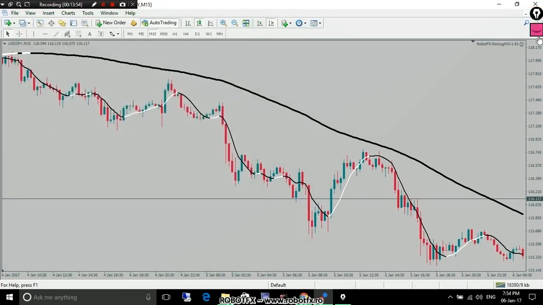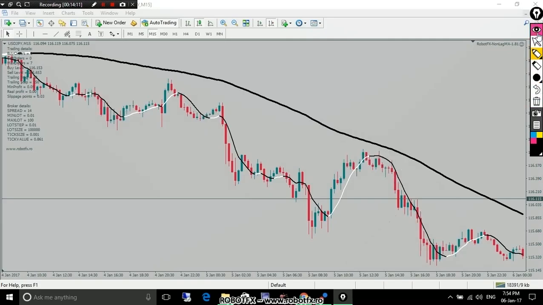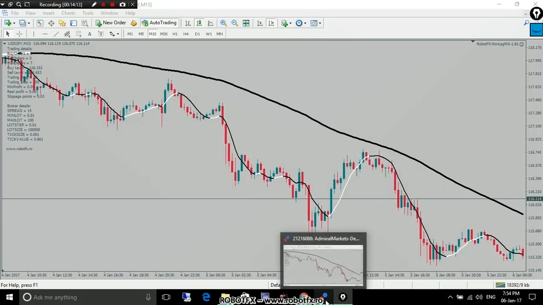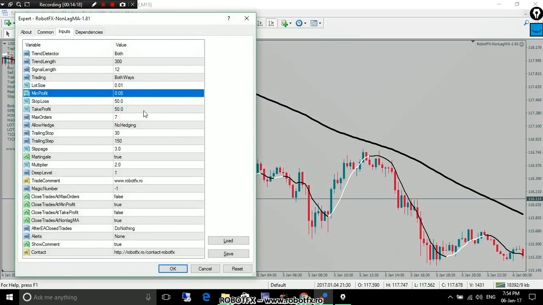We talked about this. You instruct the expert advisor, if it opens a trade here when the color changes from white to black, to close it if it's in profit when the non-lag moving average changes the color again from black into white. If it is in profit, if that profit is bigger than the minimum profit. That's why I like to set it so low, sometimes 0. But it's up to you how you use it.